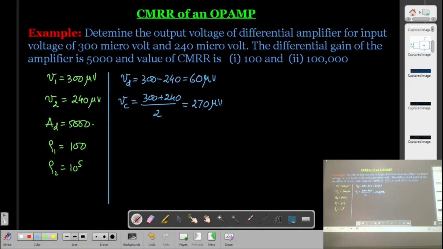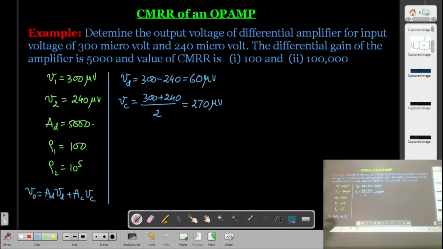So now we will calculate the rho, because for the calculation of the output voltage we require the AC also. Remember, what is the formula for the output voltage? It is given as AD into VD plus AC into VC.